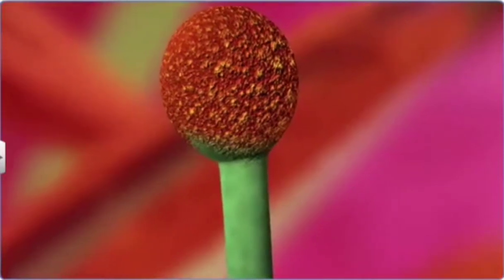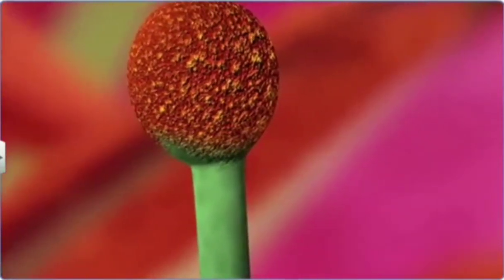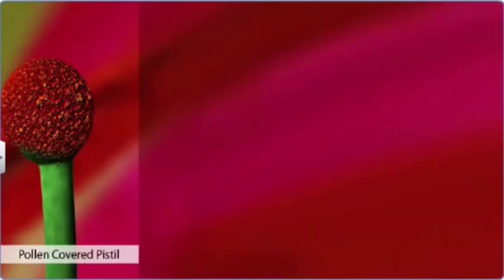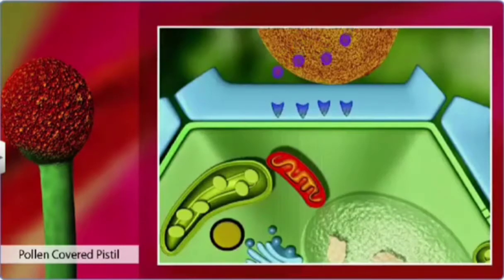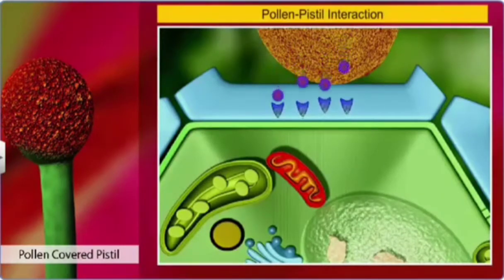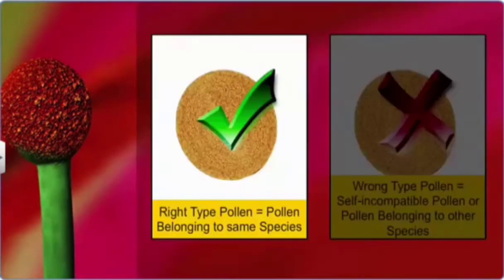Interestingly, post-pollination, the pollen and pistil start interacting with each other by releasing a series of chemicals. This interaction allows the pistil to recognize whether the pollen is the right or wrong type. The right type of pollen implies that the pollen belongs to the same species as that of the stigma.